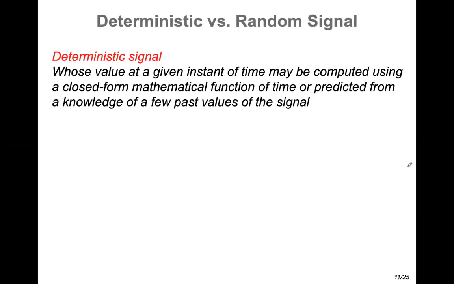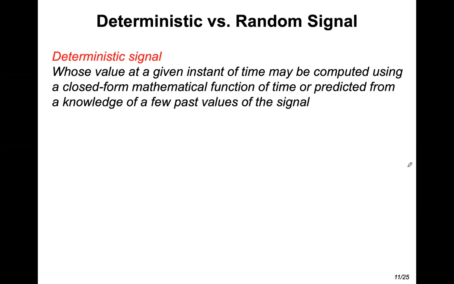So another important classification will be deterministic signal versus random signal. In this subcomponent, we will not be dealing with random signals very often. But in your project, random signals, like EEG, is a kind of random signal. So you will be dealing with random signals on the way.